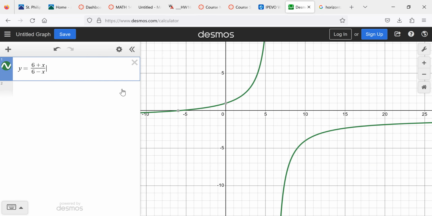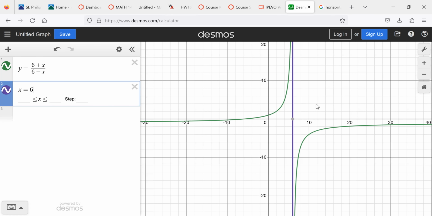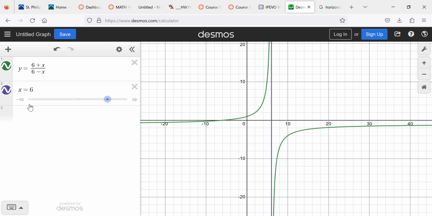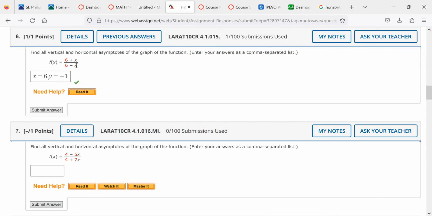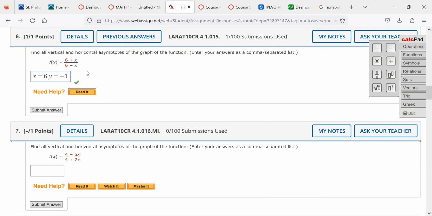So you can see the vertical asymptote at 6, right? There it is. It's approaching it. Now the horizontal is -1. See how it doesn't cross this line either? So y is equal to -1 because it's the coefficient of the top, 1, divided by the bottom, -1. Whatever makes the denominator 0 is going to be the vertical asymptote.